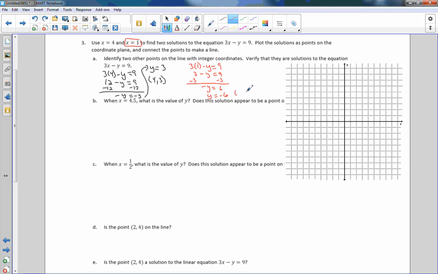So I have the point 1, -6. When I graph those, I'm going to graph the point 4, 3. 1, 2, 3, 4, 1, 2, 3 is right here. Then I'll graph the point 1, negative 6 in red. 1 to the right, down 1, 2, 3, 4, 5, 6 is right here. Get my ruler.